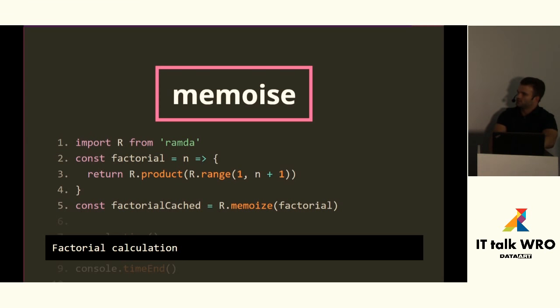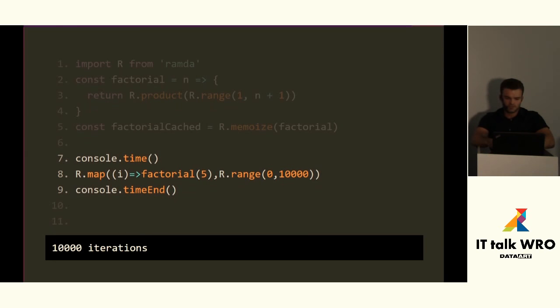Here you can see the execution of a factorial of a number. And I created a cached function for that factorial. And this is a simple test in the browser console. I measured how much time I need to execute the factorial function of 5 10,000 times, and I did the same test for the cached factorial of 5.